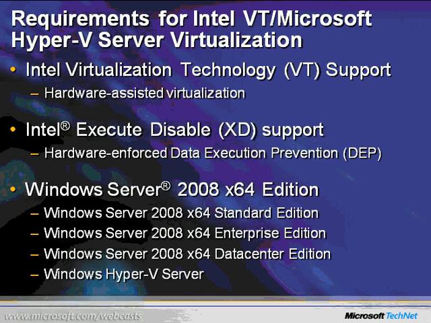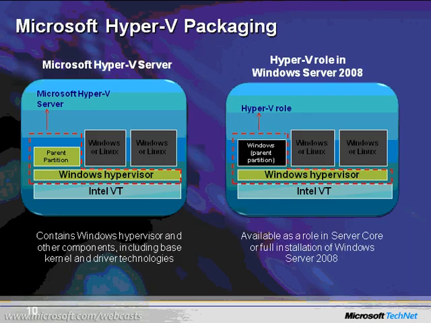It does not have all of the robust features of the full Windows Server operating systems for supporting other server workloads, and there are some additional limitations. In fact, we'll be talking about those limitations and a comparison of each of these server operating systems in just a few more slides. So that Microsoft Hyper-V packaging then, really, it gives us an additional choice.